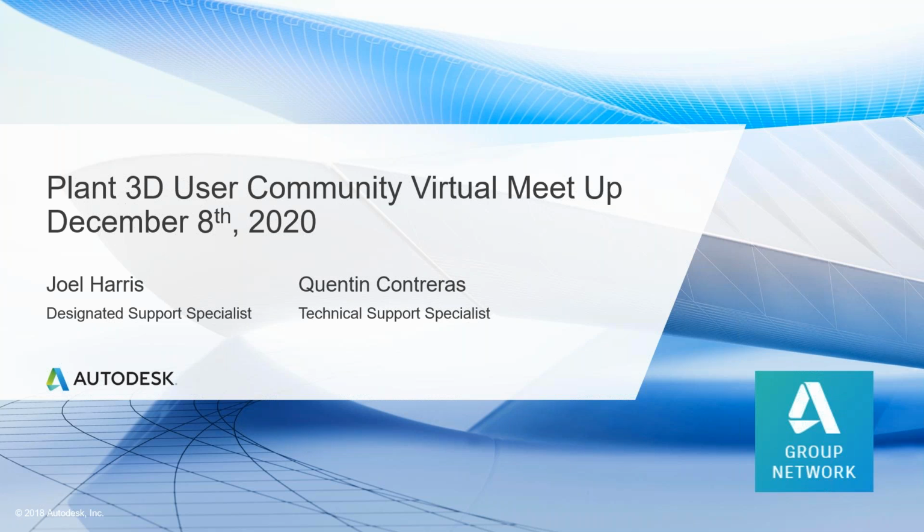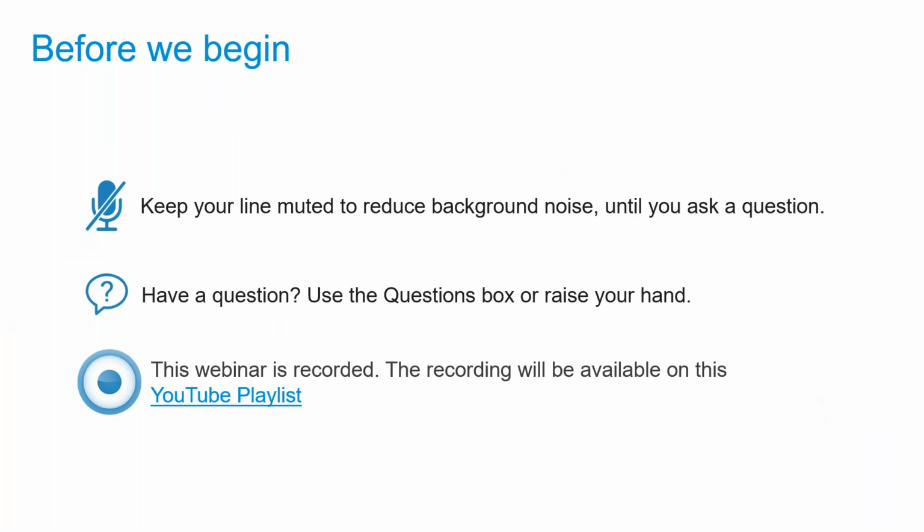Before we begin, making sure everybody understands that your lines are muted by us. That's to help reduce background noise while we're doing the presentation. If you have a question, you can raise your hand or use the questions box. We won't be monitoring the chat, but we will be monitoring the questions box, and that'll be one of Quentin's primary jobs.